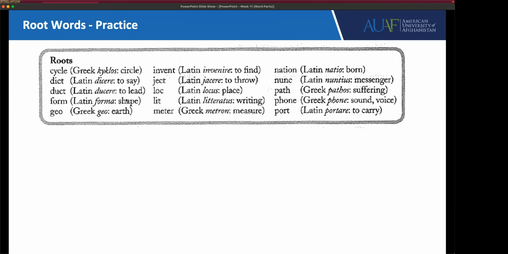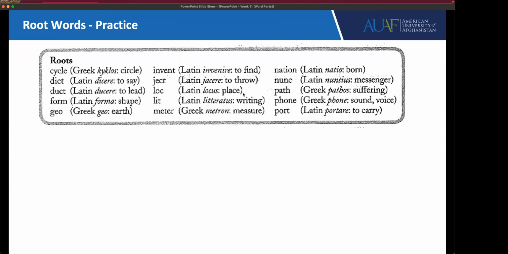I think that's pretty easy for me. Maybe not for you guys, but form is some sort of shape. And then geo, we've already had that one, means earth. So geology, geometric, okay? And then we have vent, which is Latin for to find, invention. Ject, which is to throw. Object, I'm not sure.